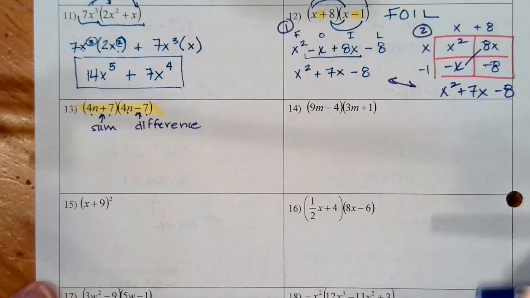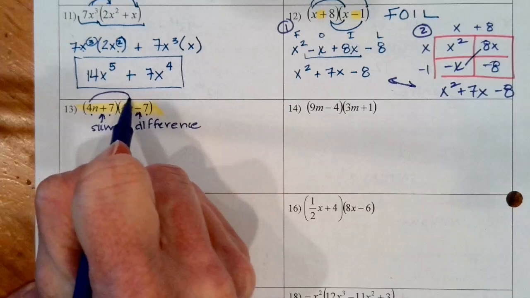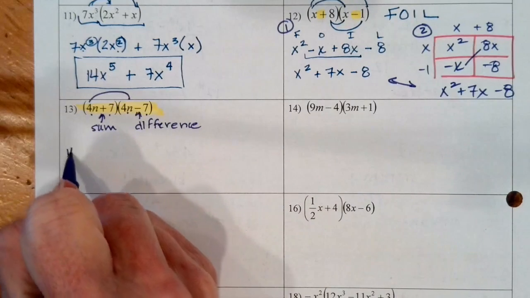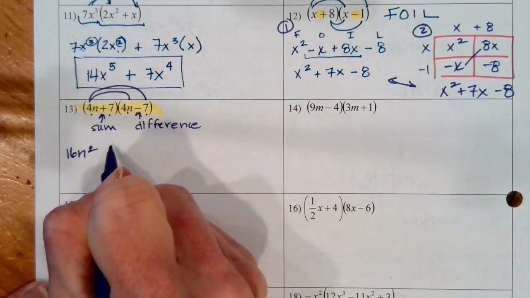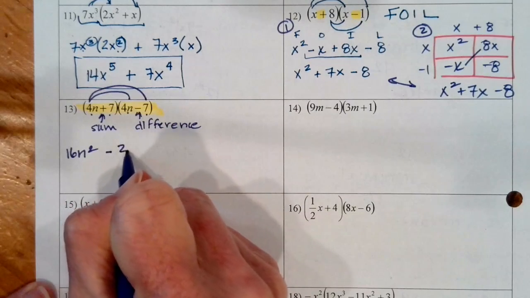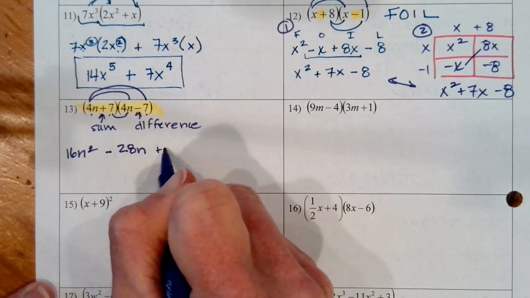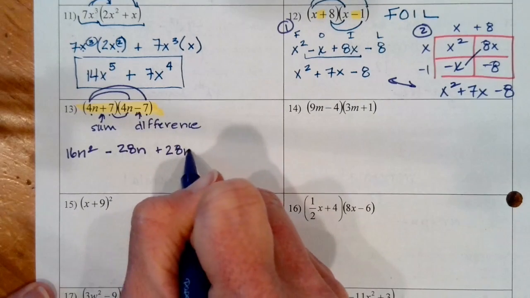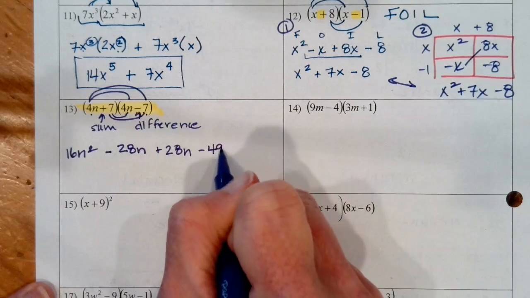A really cool thing is going to happen when we multiply the values of a sum difference pattern. When I do my first terms, 16n squared, my outside terms minus 28n, my inside terms plus 28n, and my last terms minus 49.